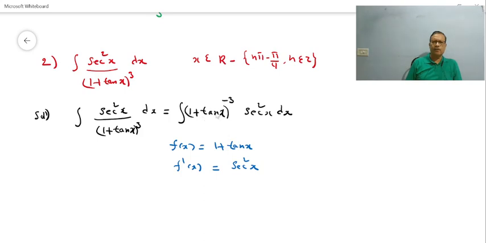What is the formula? Just now we proved it: [f(x)]^(n+1) by (n+1) plus constant.